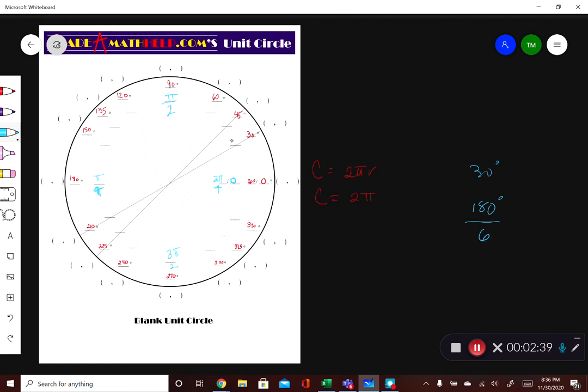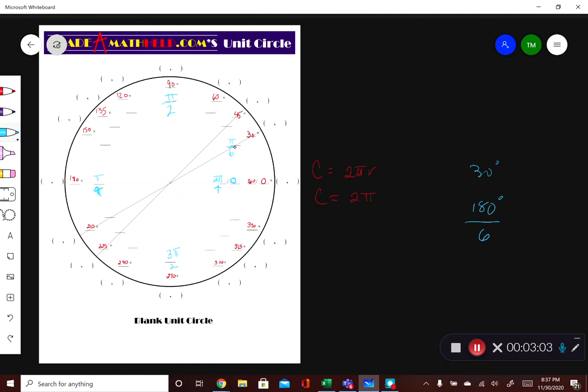So the radian measure is going to be pi over 6 because it is 1/6 of pi. Once we get that started, then we can literally just count. And if you can count to 12, then you can come up with all of the radian measures for the 30-60 angles.